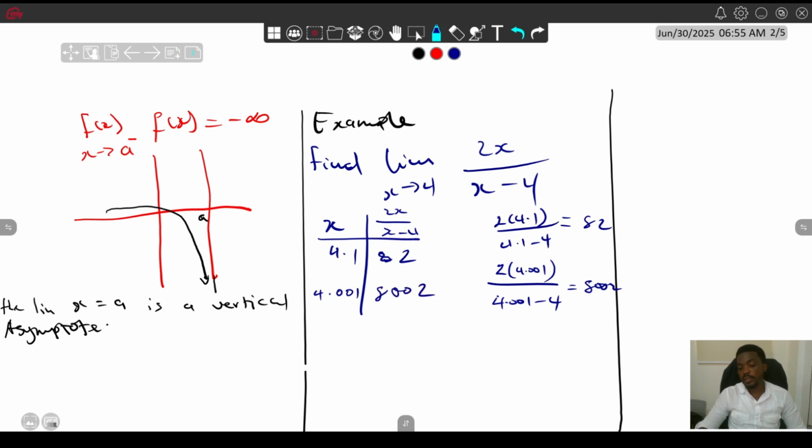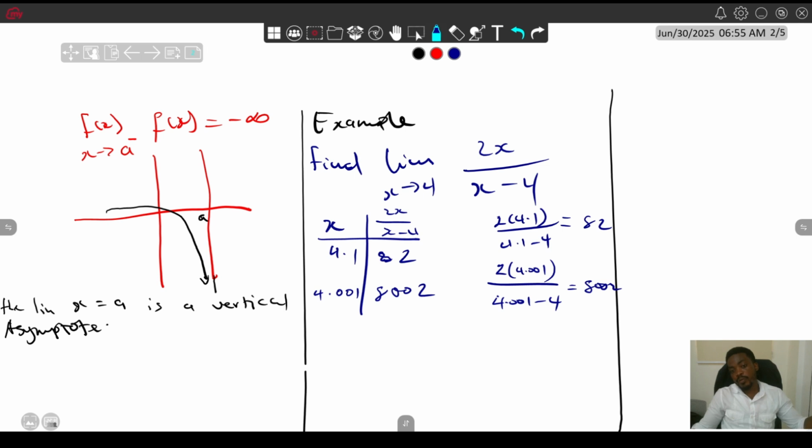So we can see clearly that as we continue to get close to 4, I just chose to use 2 points here. You can choose to use more points so that you can get a clearer picture. As we get close to 4, the values of f of x continue to increase.